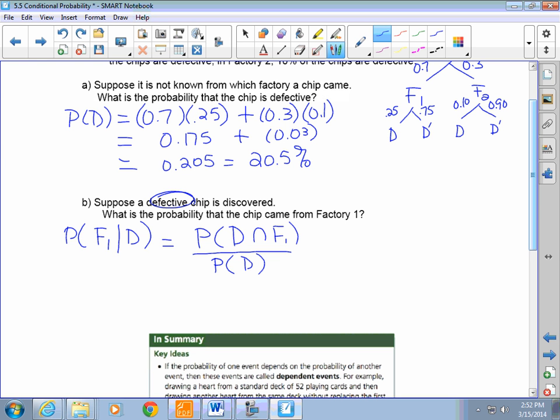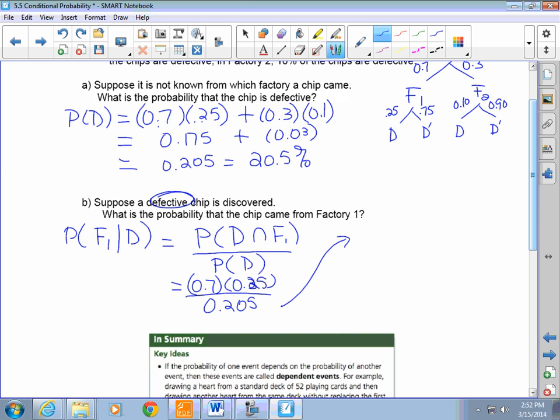The probability of them being defective and from factory 1 was 0.7 times 0.25. So that was this right here, from factory 1 and defective. The probability of them being defective, well, we figured that out here. The probability of a chip being defective was 20.5%, or 0.205.